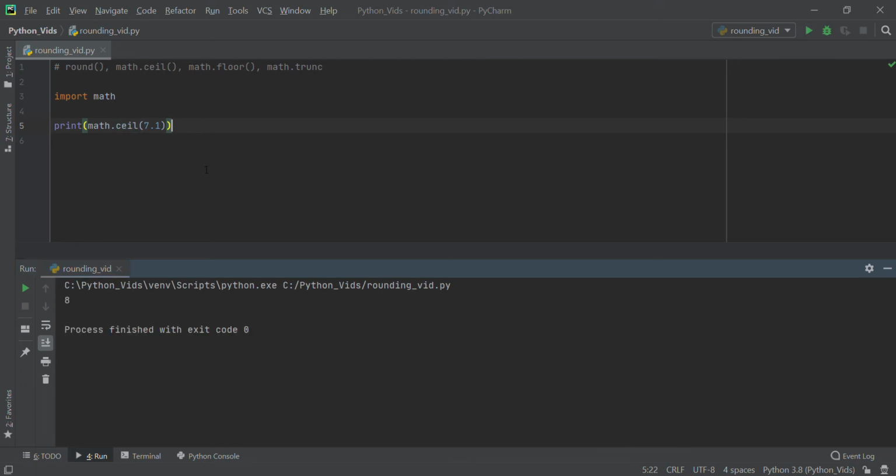It rounds up to the next highest integer. Let's try it with 7.9, which is, of course, also going to give you 8. And then, just for good measure, we'll try it with 8, just to see what happens. And it's still 8. It's not going to boost it up to 9 or anything. If you feed it an integer, it'll just return that same integer.